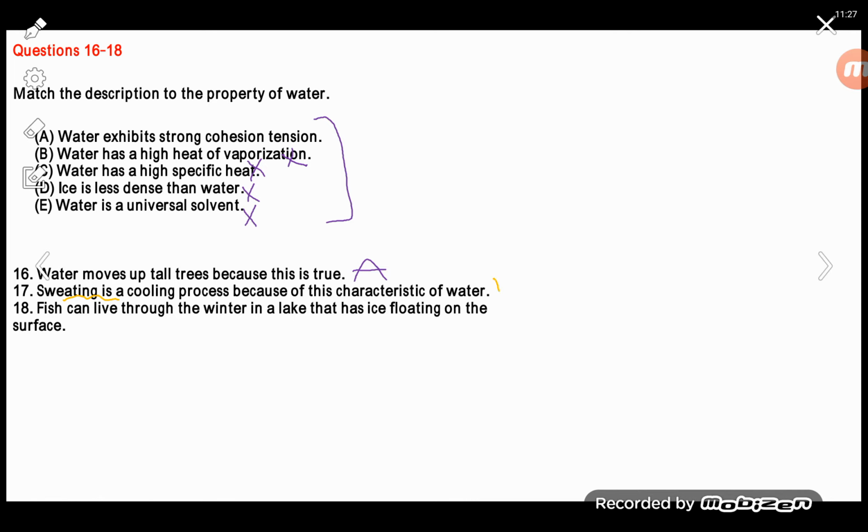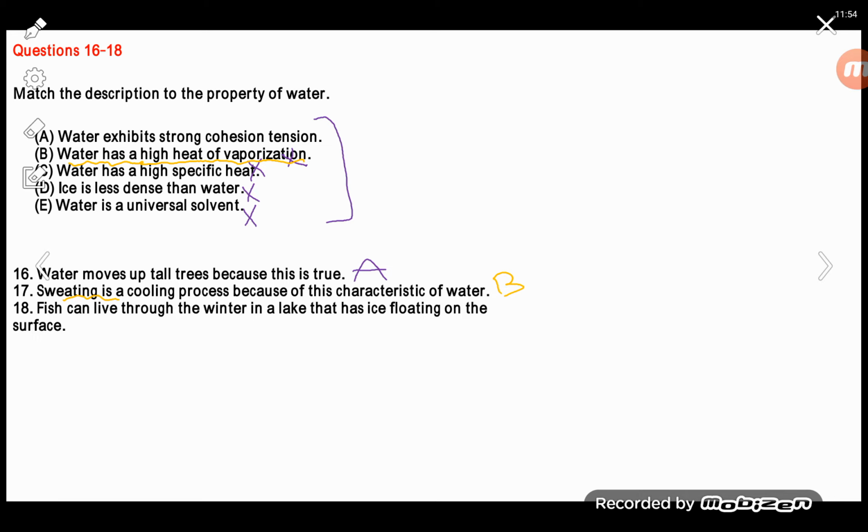It will be B. As you see in B it's written water has high heat of vaporization. During hot weather we will sweat, and in this condition we will lose energy in the form of heat. That way our body will be cooled down.